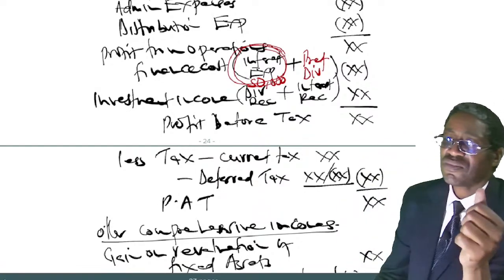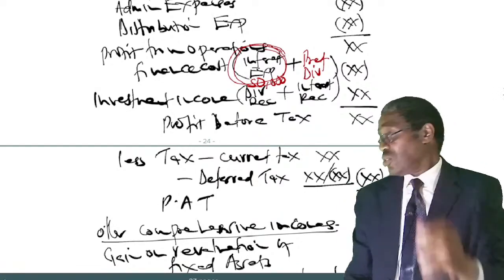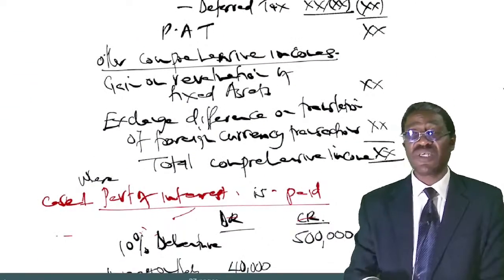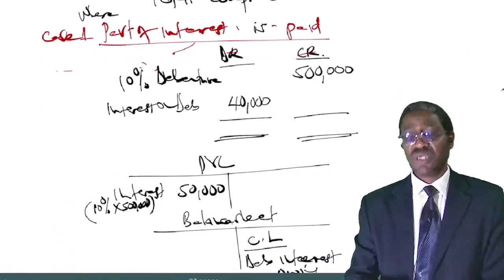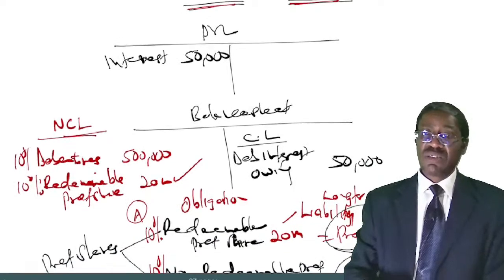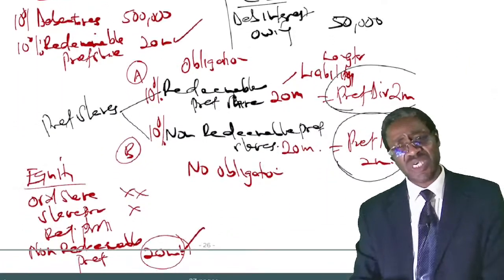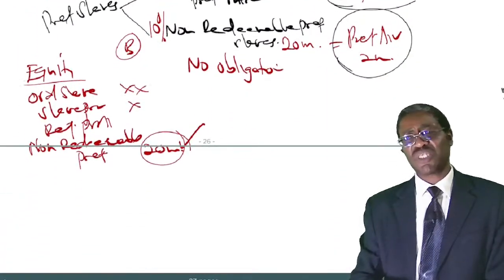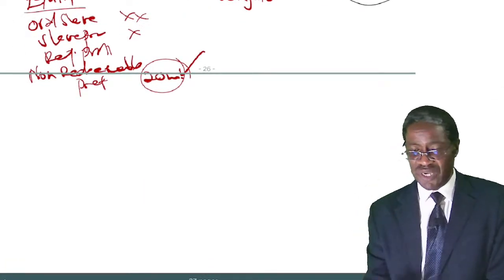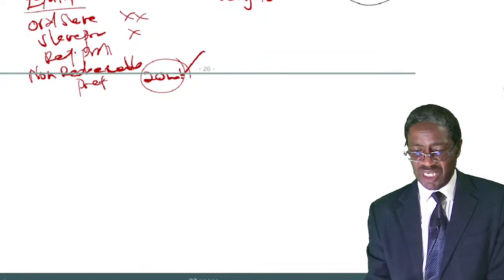Good. Now, we don't have time to put down the summary notes on that. That's what I'll do next time. I'll give the summary notes on preference shares, but what I want you to do is write down the subheading so that I know where to pick it up from.